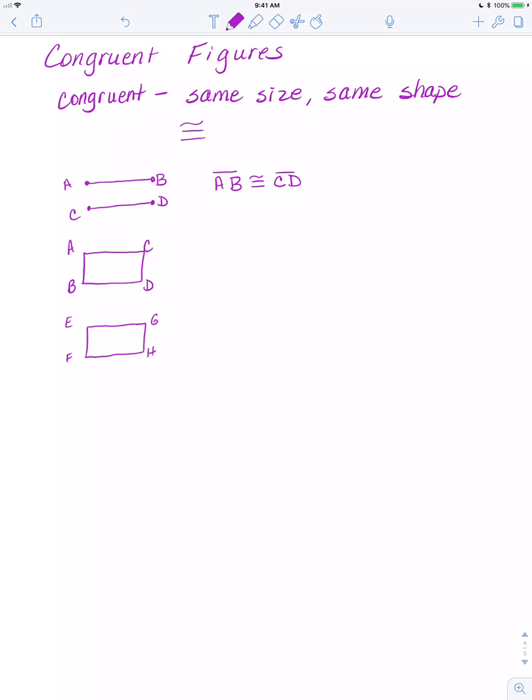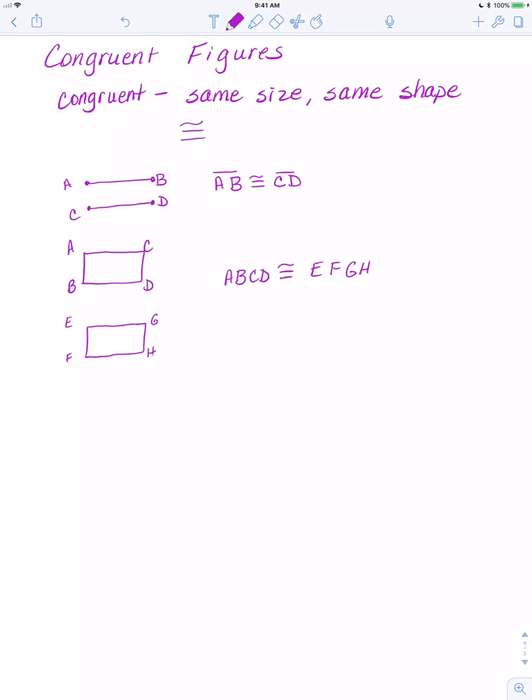Then we would say the rectangle ABCD is congruent to EFGH. Now the thing to remember here is that the order matters in the way that you write them, because if I was to say everything in here is the same shape, same size, it is, but it's certain ones.